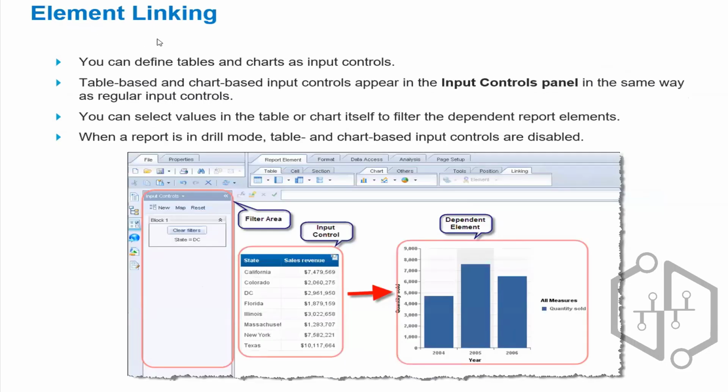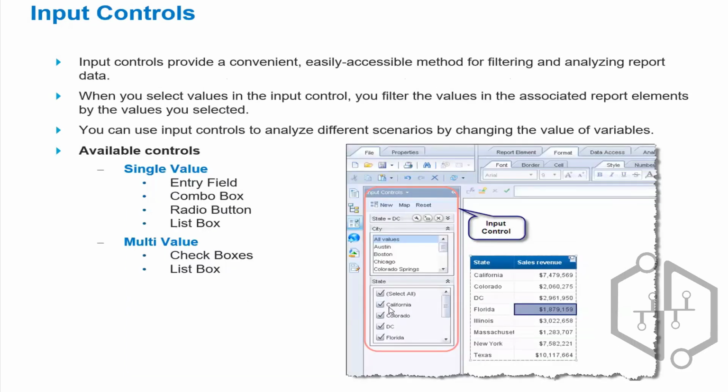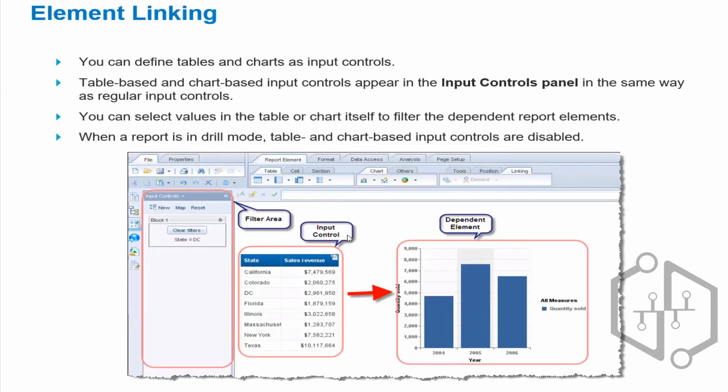Element linking is where you can define tables and charts as input controls. That means if we put an input here, we are using one object as an input control. But in element linking, we are using some block or chart as the input control. So in this table, if I click on California, only California-related data will appear.